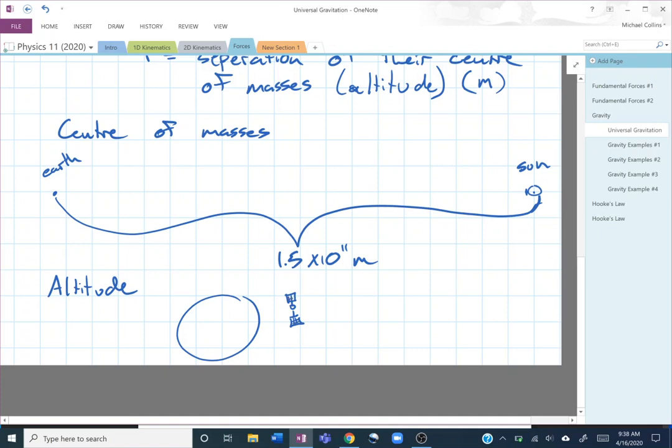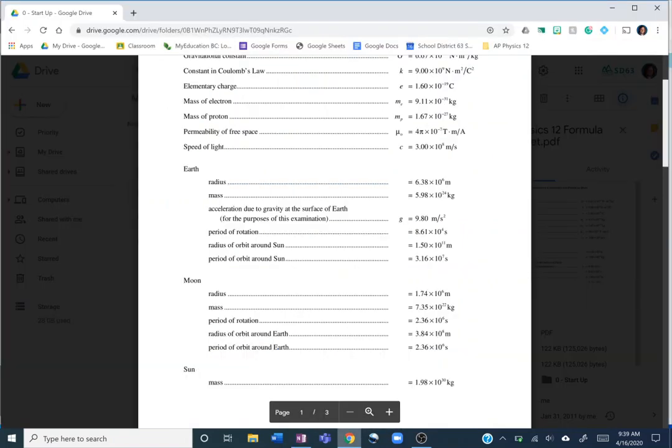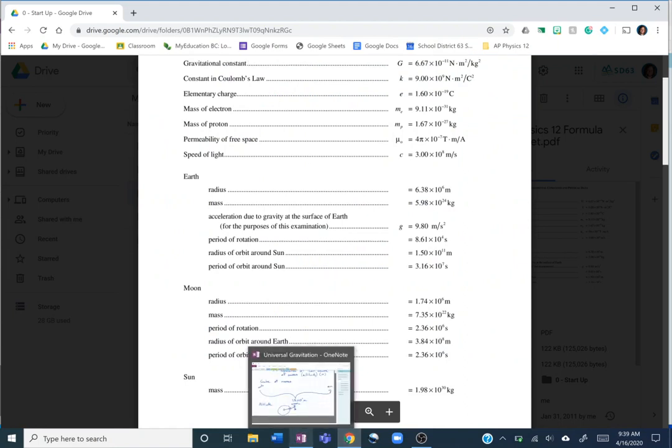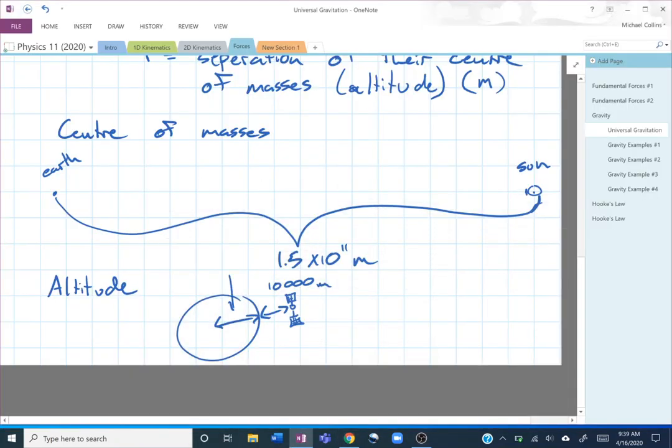If we talk about altitude, let's call this, I don't know what a satellite's at, let's call it 10,000 meters. It turns out that the radius of the Earth, if I go back to my handy-dandy formula sheet, is 6.38 times 10 to the 6 meters.